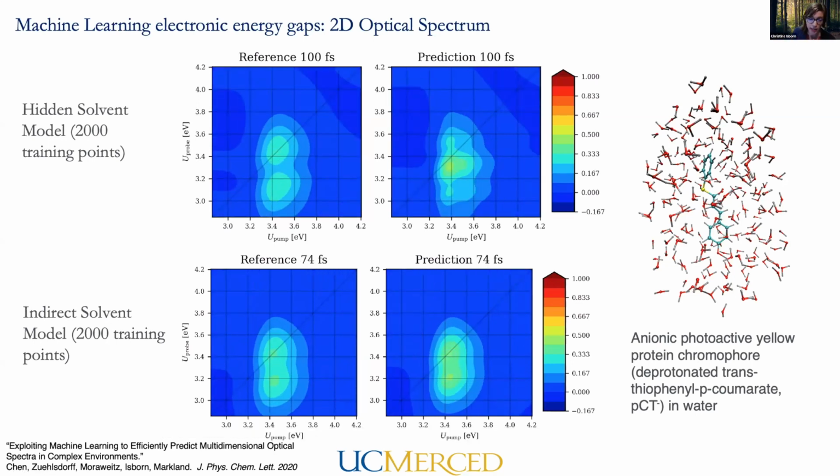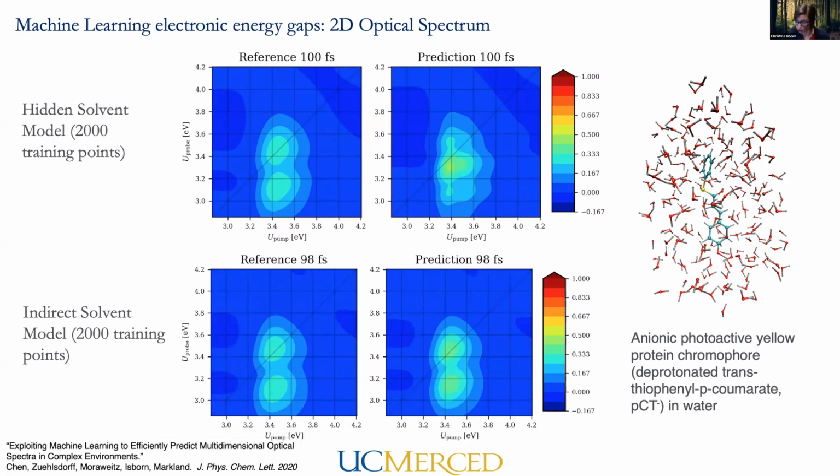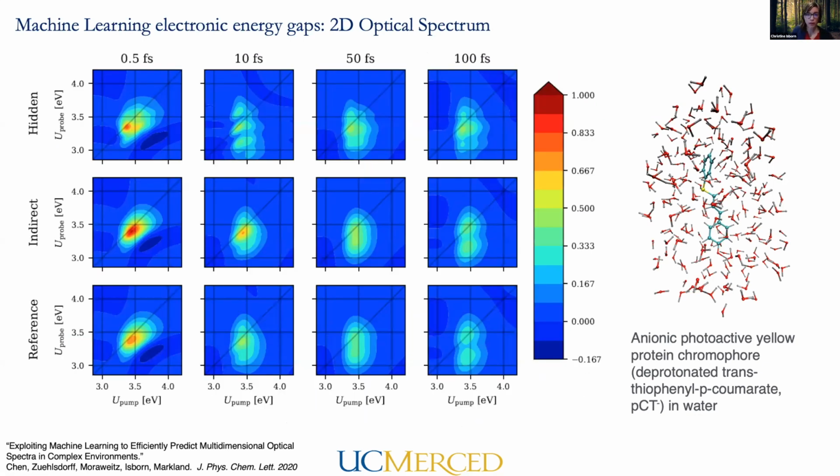And so that is getting us pretty close to where we want to be with converging our correlation functions. And this is just a summary on the next slide, if my movie will stop, of the different solvent models that we've built in. Actually, I only showed two of them, indirect and hidden, compared to the reference. And you can see that the indirect gets something very close to the right Stokes shift, and so has the right physics built in here.